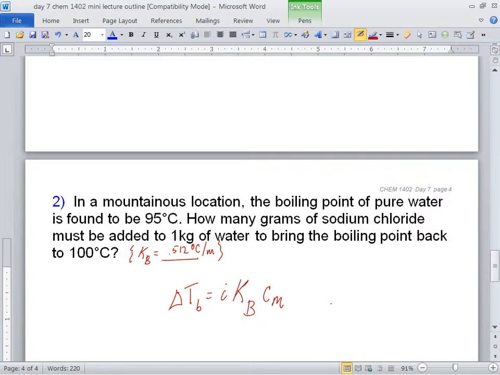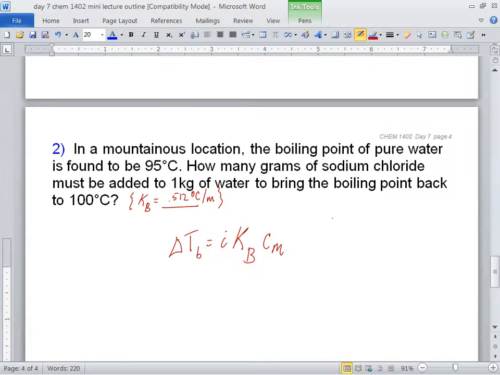You're after grams of sodium chloride. Does anyone see the big picture? How are you going to get it? Get it from Cm. Set up the Cm equation. So you're going to have to do this first. First, find Cm. Second, Cm will be moles of sodium chloride all over kilograms of solvent.